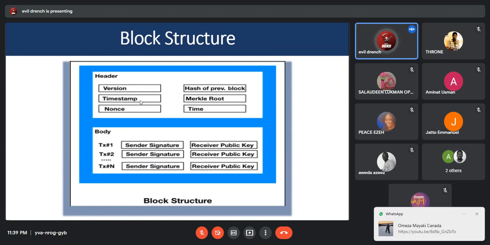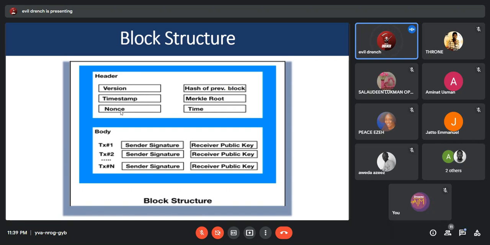The timestamp denotes when a block is created. The nonce has to do with the consensus mechanism used in mining. Then we have the hash of the previous block, because before a new block is created, it has to reference the previous block.